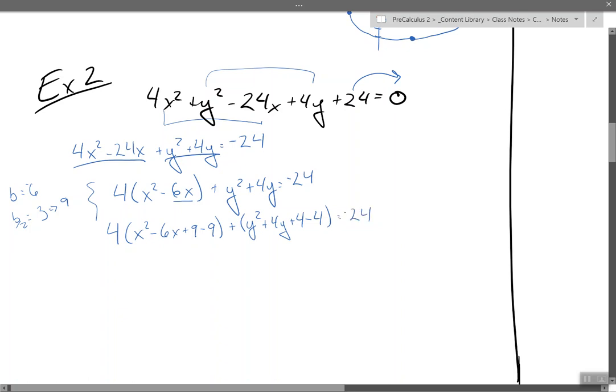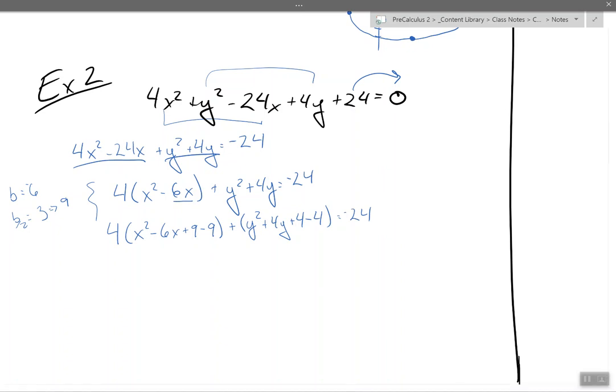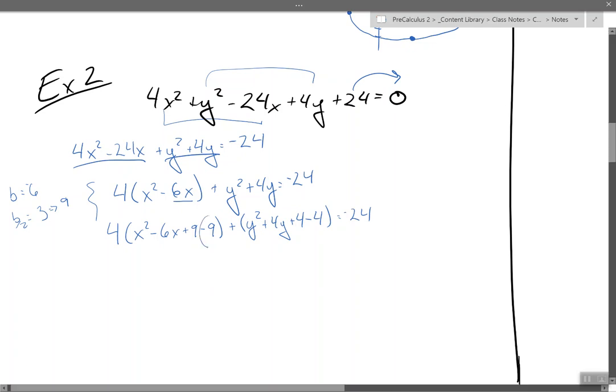Okay, so the next step is to get the negative out of each of those squares. So we need to get this negative 9 out and this negative 4. And what we're going to do is just immediately add them to the right side of the equation. So we're going to get them all the way to the other side because that's where we want all of our constants to end up.